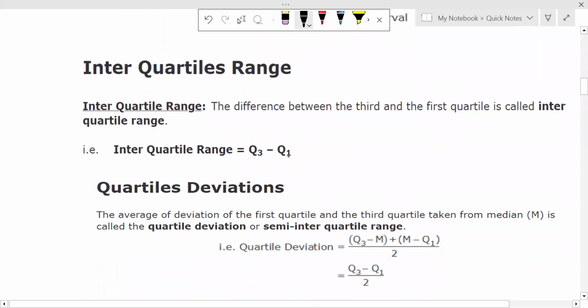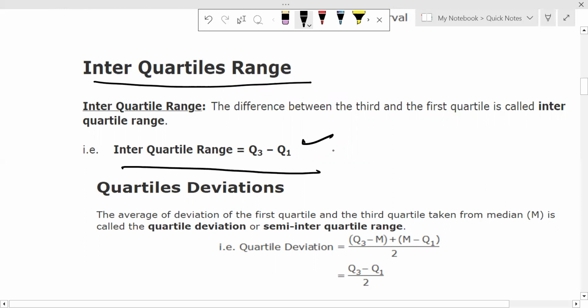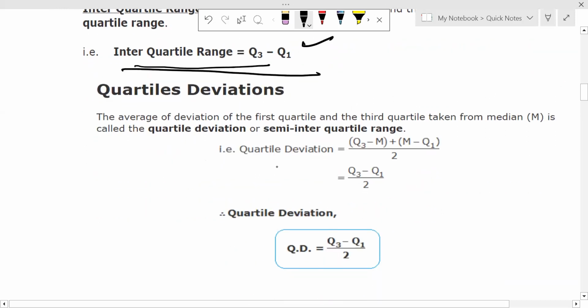Next, the interquartile range. What is the interquartile range? The difference between the third and first quartile is called the interquartile range. What is the quartile deviation?